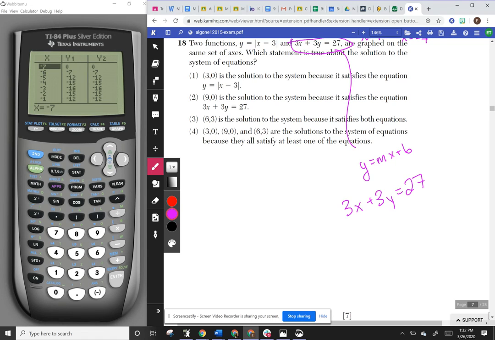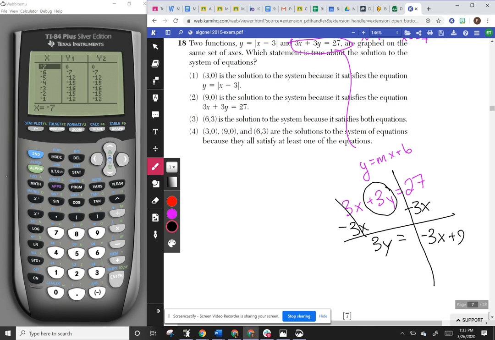So you want to solve for y here. I like to put a line down that. And this is the term we want alone for now. So let's do minus 3x, minus 3x. We got 3y equals, I'm going to put negative 3x first and keep 27 positive.